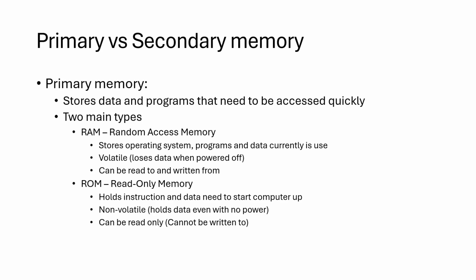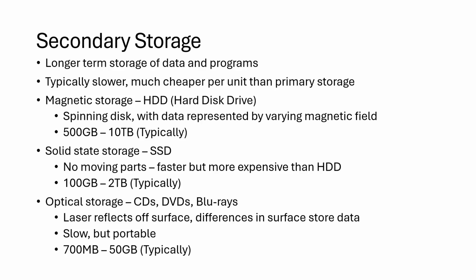And this is non-volatile, so even if it loses power, it stays the same, you don't lose the data. And this can only be read. That is why it's called read-only memory.